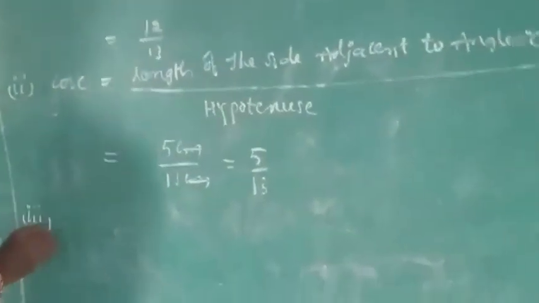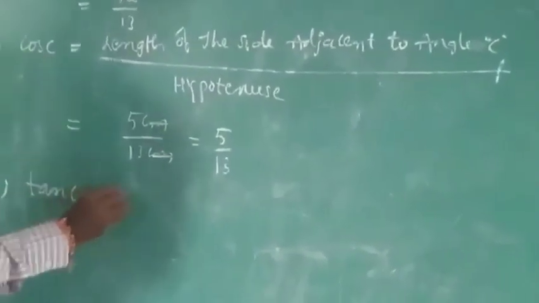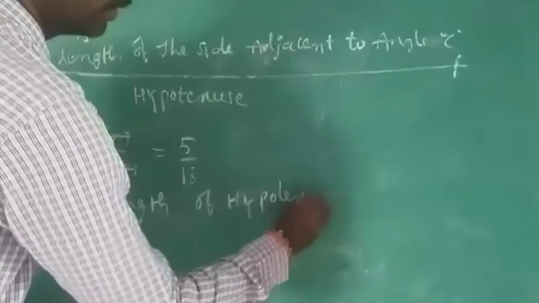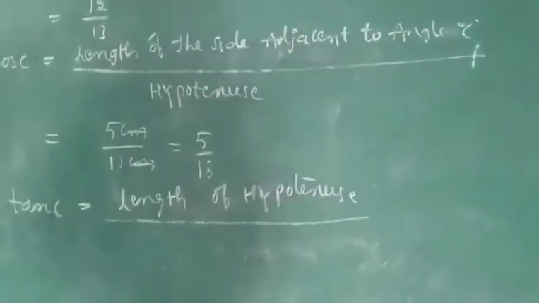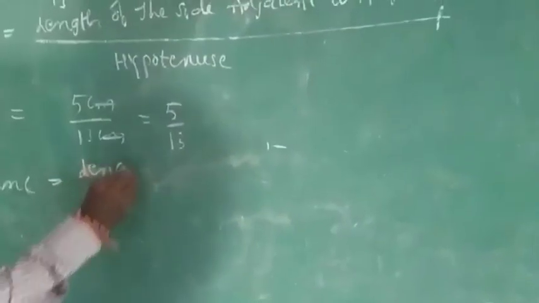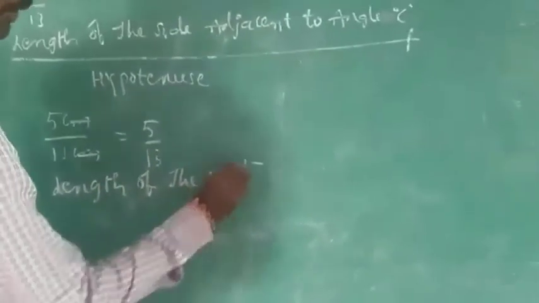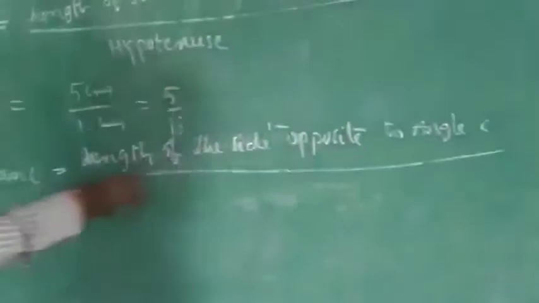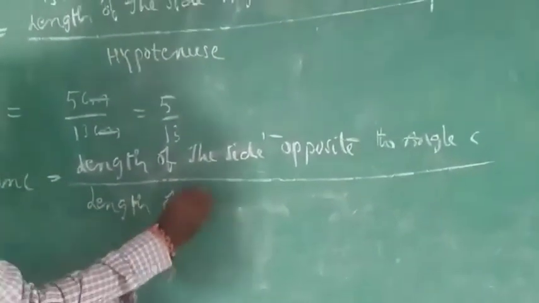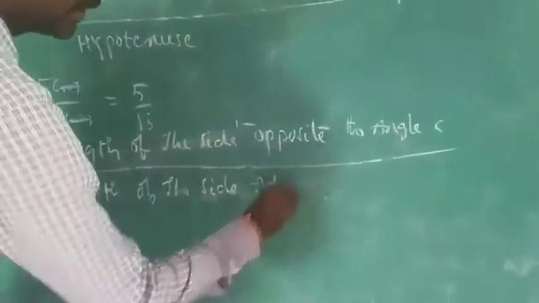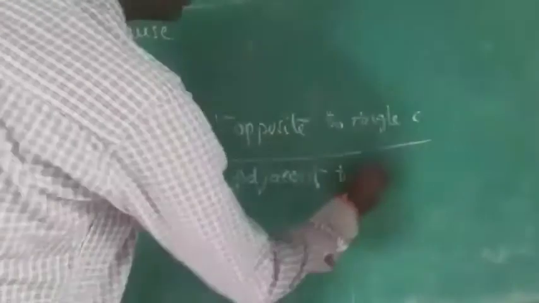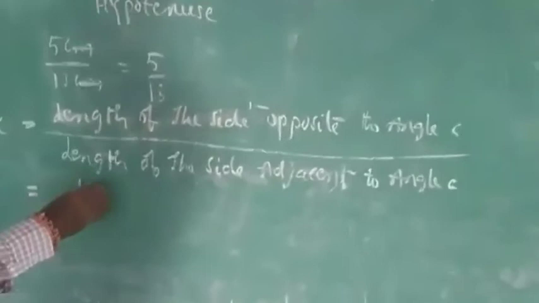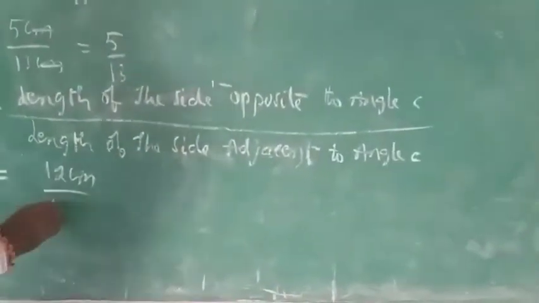The last one, what is the last one? Tan C. Tan is the length of the side opposite to angle C by the length of the side adjacent to angle C. So what you will write here is the length of the opposite, 12 centimeters, by the adjacent, 5 centimeters.